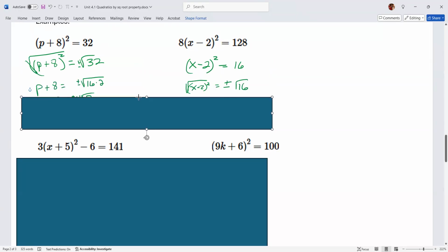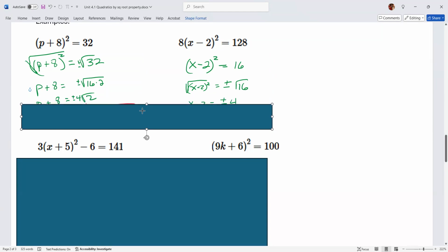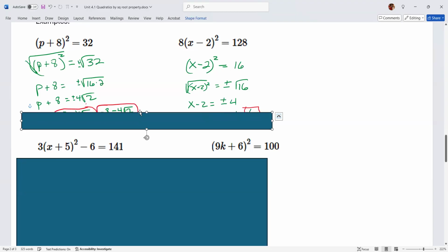So I'm demonstrating here that 32 is really 16 times 2. And if I apply the square root of 16, the 4 comes out in front. So I'm going to end up with p plus 8 is equal to plus or minus 4 square roots of 2. That's the simplification of the square root of 32.